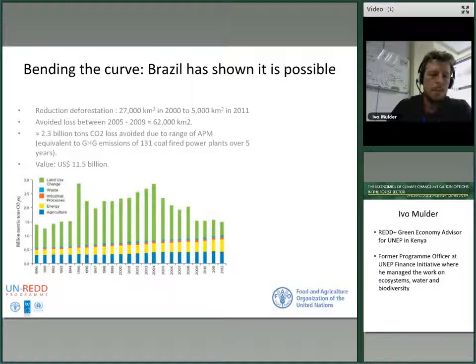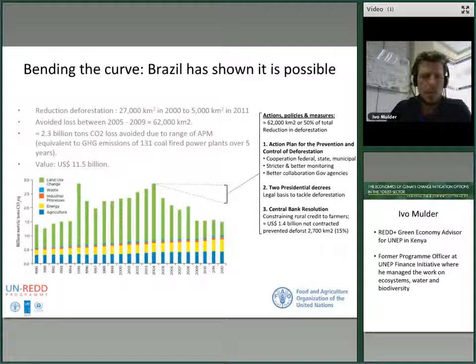What is important to realize is that on the one hand, the government of Brazil took decisive action through an action plan for prevention and control of deforestation in the legal Amazon, better cooperation at federal, state, municipal level, stricter and better monitoring.